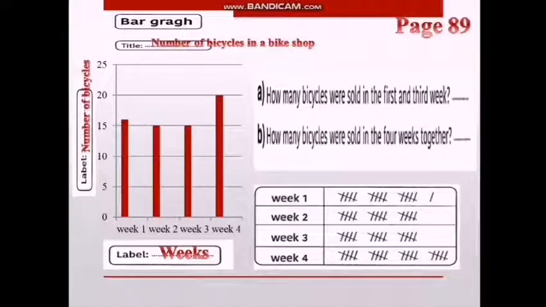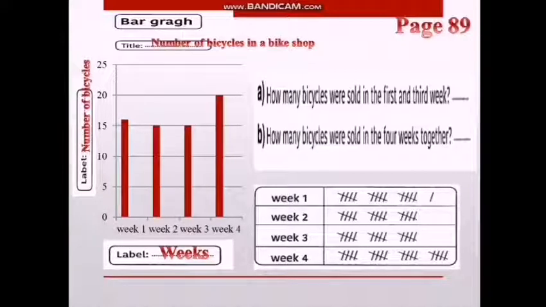Now to draw the bar graph, in week 1 it's 16 bicycles, so I will go to week 1 and color until we reach 16. If you look at this bar graph, we don't have the number 16, but we know that 16 is between 15 and 20, so we will color the first bar here.